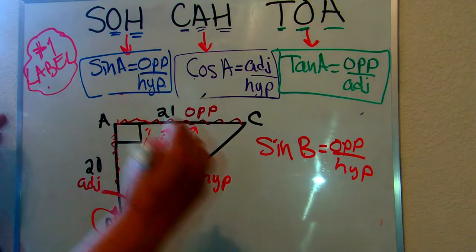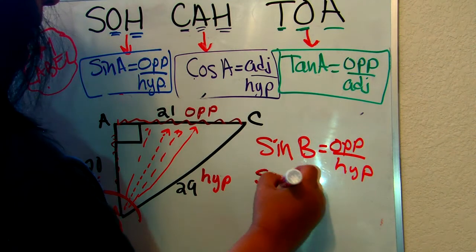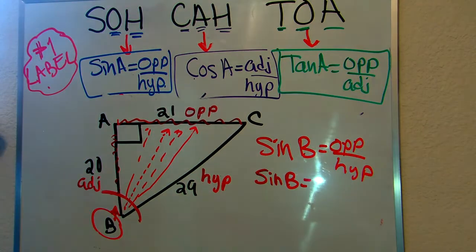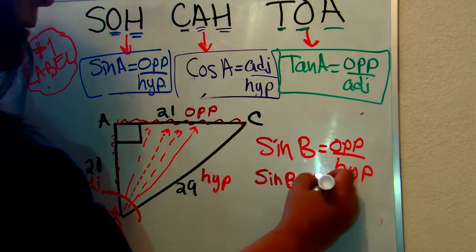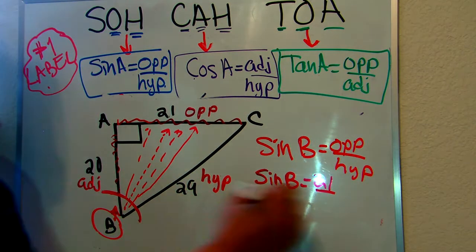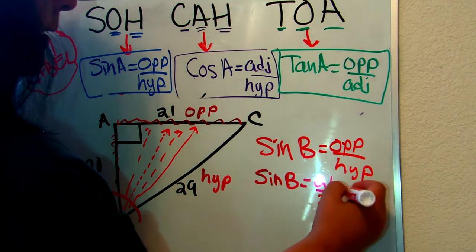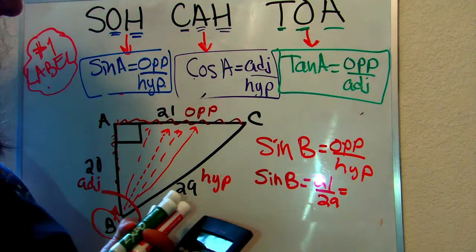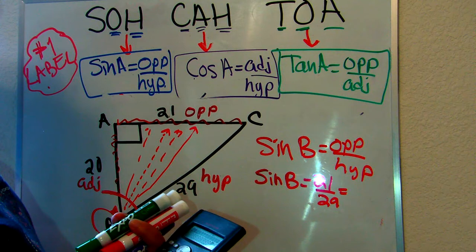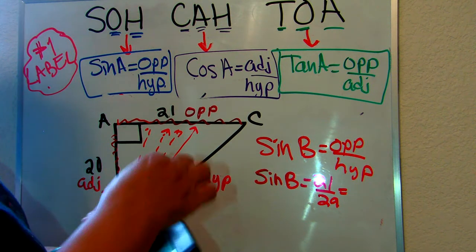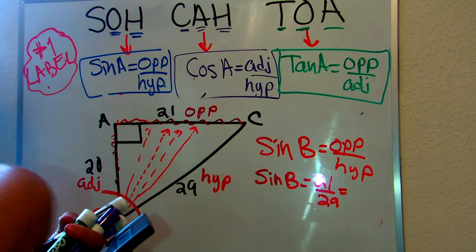So sine of angle B, what is the measure of the opposite? 21. Over the hypotenuse, what is the measure of the hypotenuse? 29. I'm going to use my calculator, and I'm just going to put this 21 over 29. 21 over 29 gives me 0.7241.